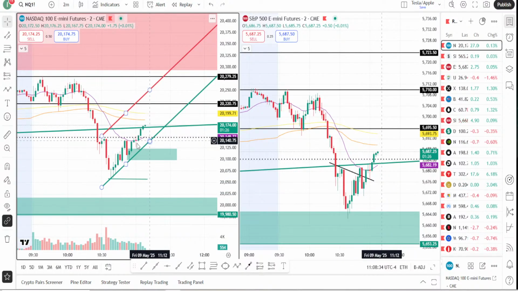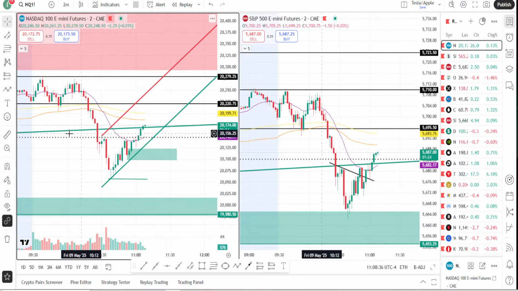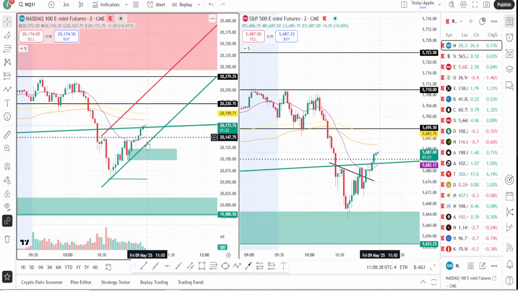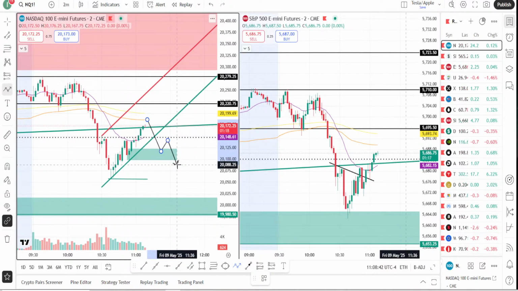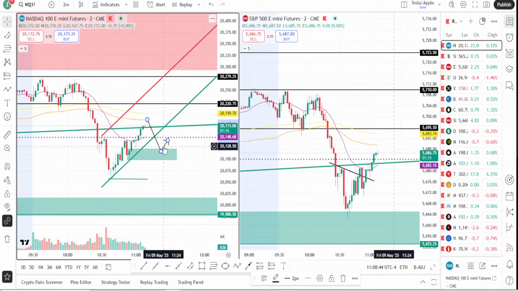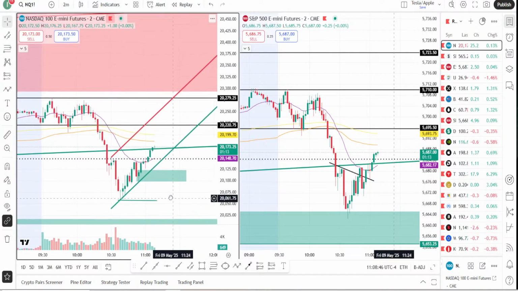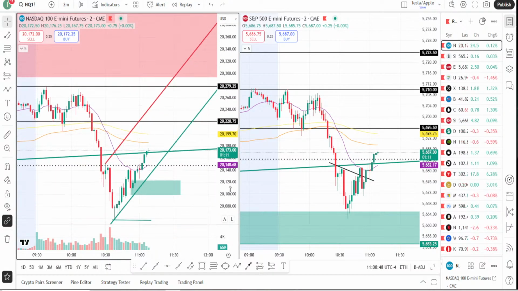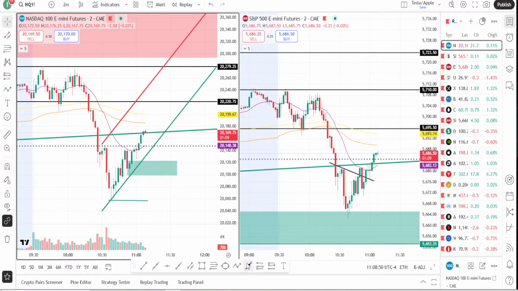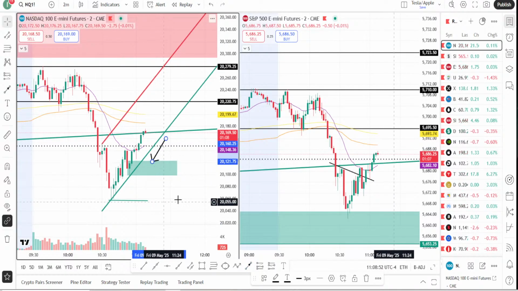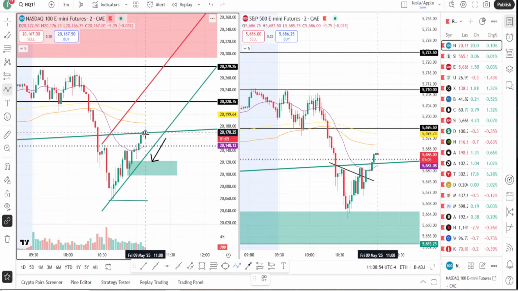Unless we cross below yesterday's opening price, unless we get under here, I wouldn't look to short again. And even then, we have to be careful with this minor demand zone right here, because if it starts to come down here, this could just start to go back up again.